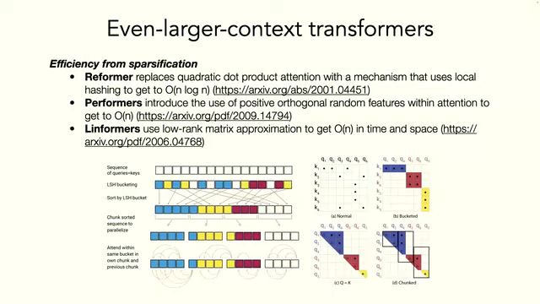Or the Reformer uses quadratic dot product attention with local hashing to get it to n log n. This is definitely something that people are quite interested in, but frequently it comes at the expense of a little bit of performance. And so if the trade-off is performance versus computational efficiency, we just build GPUs with more memory.